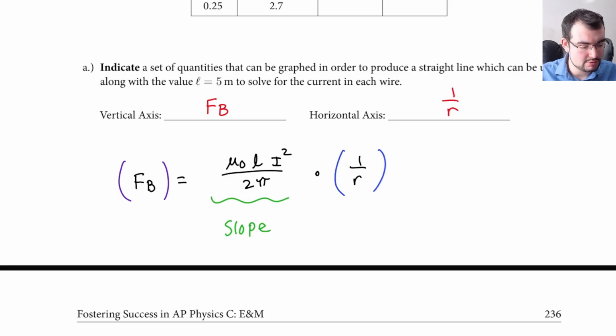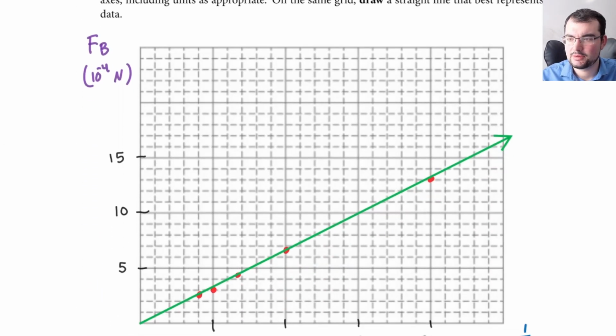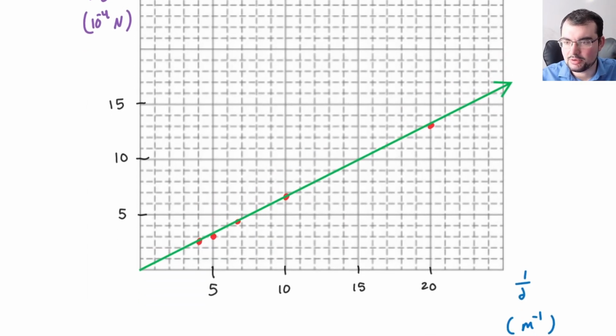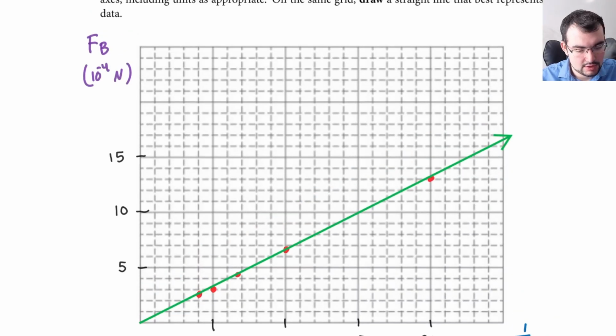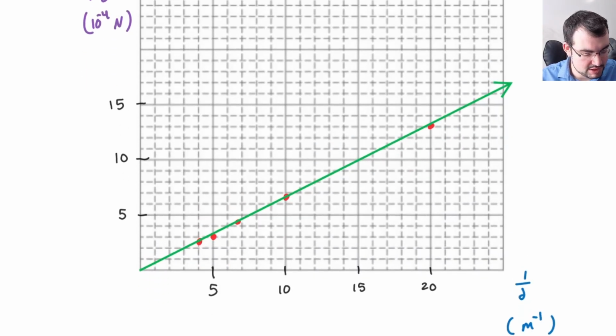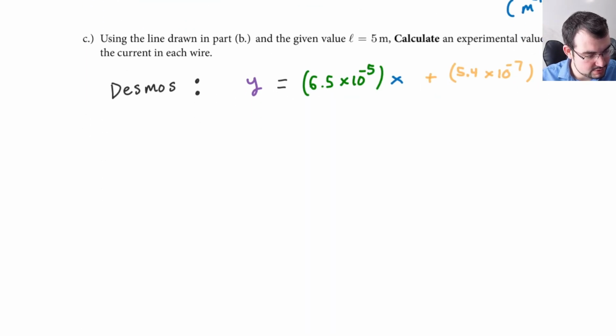So you just square root the slope. So this is going to be a bit annoying, but we'll manipulate it. All right, blah, blah, blah, off-camera mining. Axes are scaled with units. It's a linear scale. 1 over D has correct units. FB has correct units. Best fit line, Desmos.